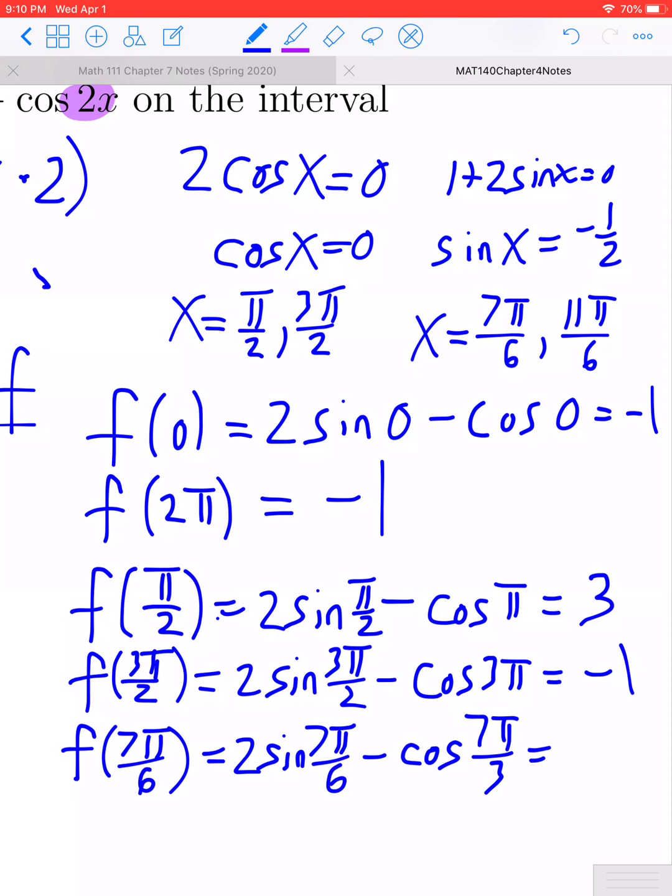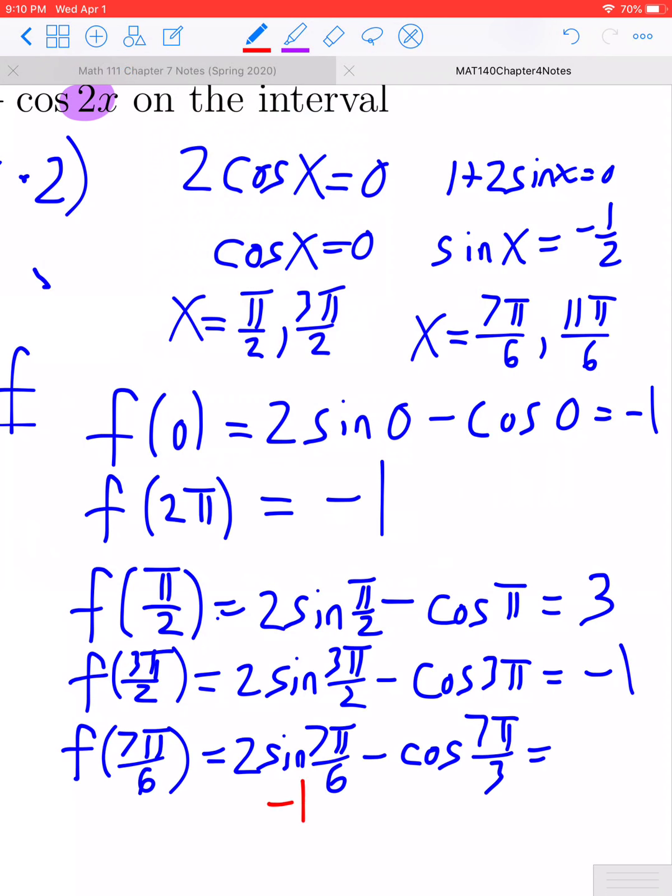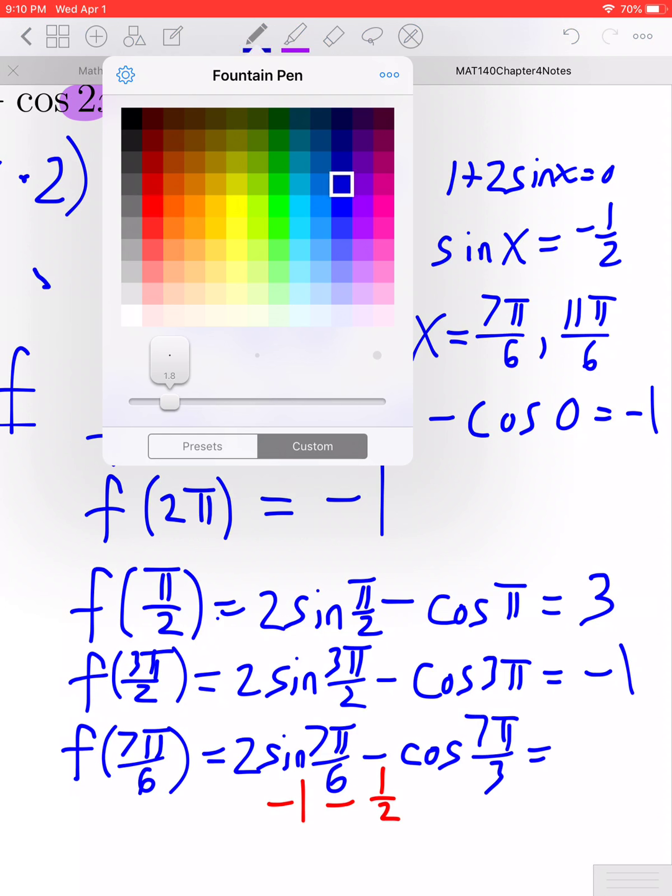The sine of 7 pi over 6 is going to be negative 1/2. So this is going to be 2 times negative 1/2, so this value here is going to be negative 1. Subtract. Now 7 pi over 3 is coterminal to pi over 3, and we know that the cosine of pi over 3 is a half. So this whole value would work out to be negative 3 halves.